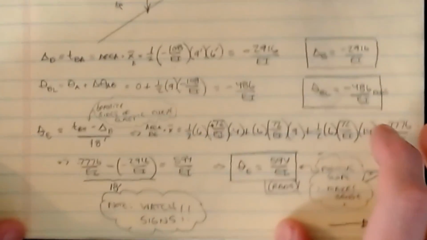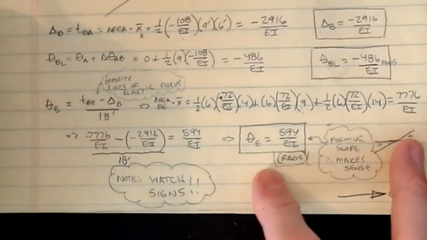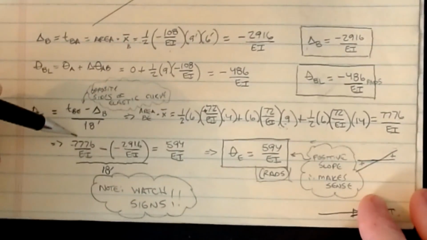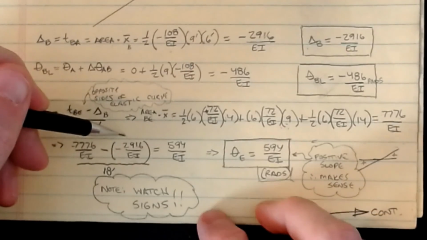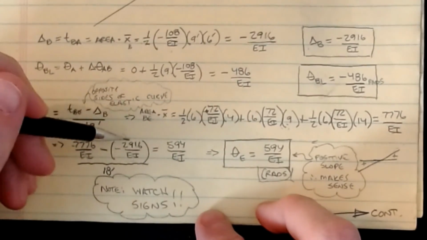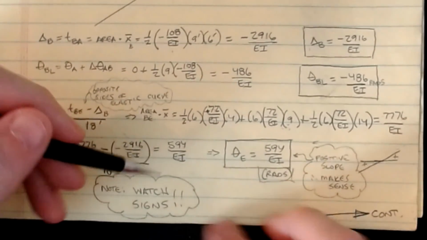All right, so I left off the 18 here, but if I do that, that should get me 594 as my theta value. So here's the delta A, that's our tangential deviation. Here's our delta B. Okay, and then we divide that by 18 feet, gets me 594 over EI.